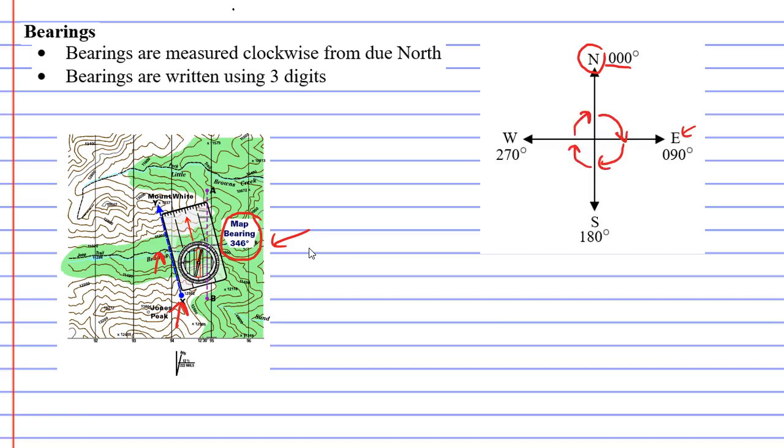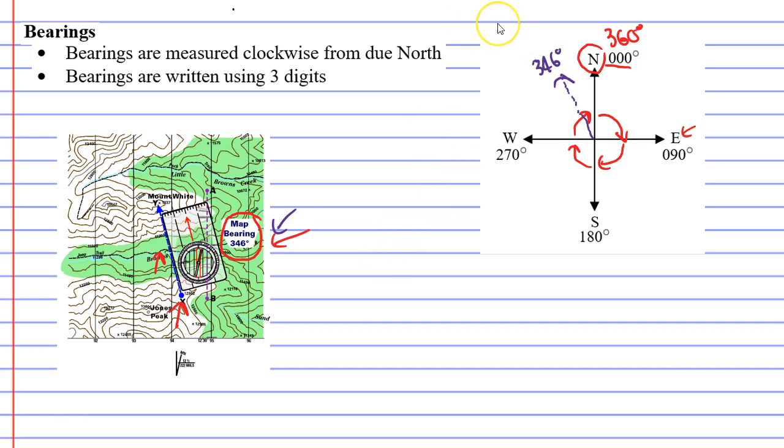You could also say that north is 360 degrees because north involves a full rotation. So when we look at the bearing of 346 degrees on our map, that's very close to 360. That bearing would be somewhere around this direction here that I've drawn on our compass.